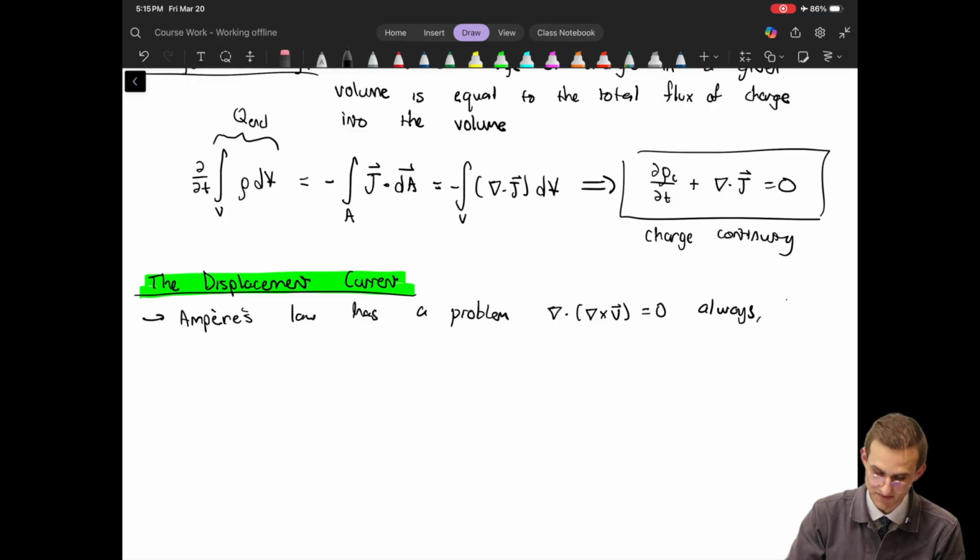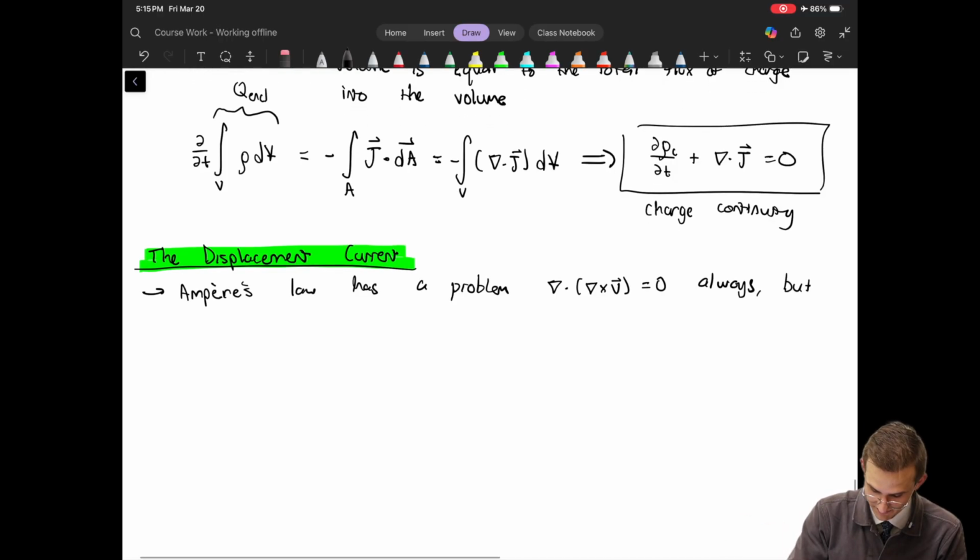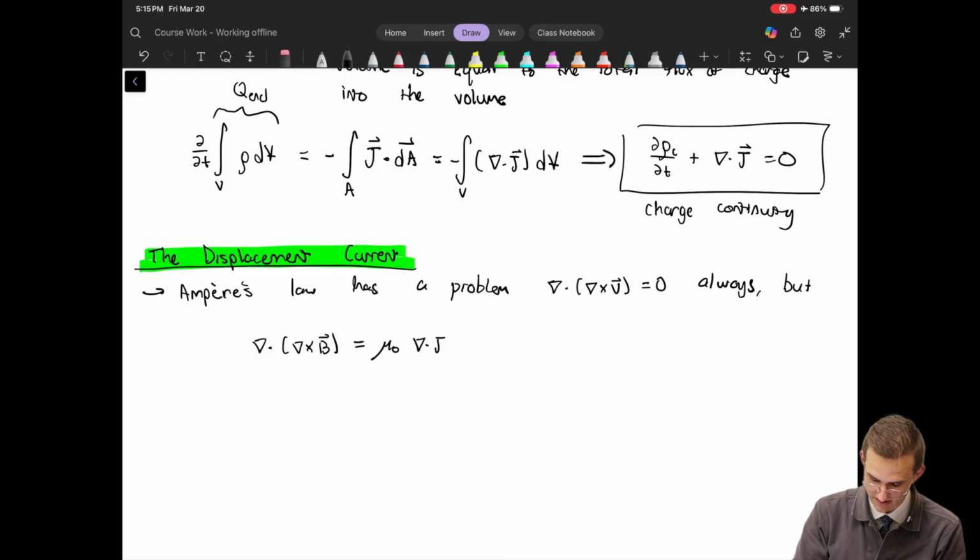But if we look at the expression that we had for Ampere's law above, if we take the divergence of the curl of B, which is equal to mu naught times the divergence of J, using Ampere's law, then we're going to get, via the continuity equation, mu naught times minus d rho c dt, which in general is not equal to 0.